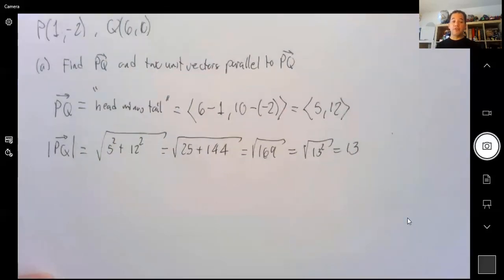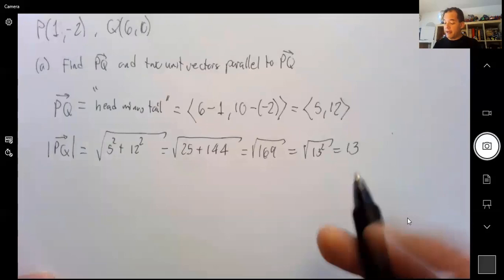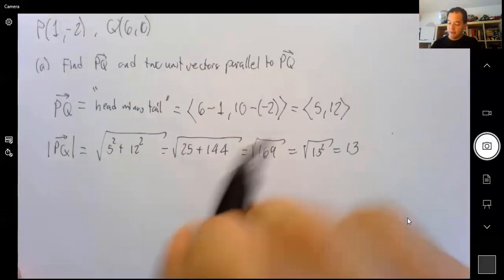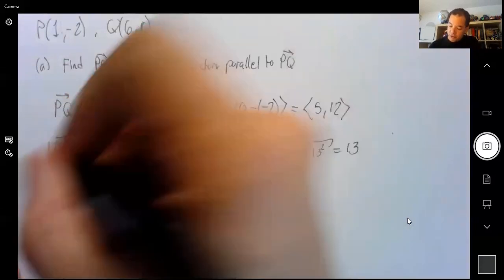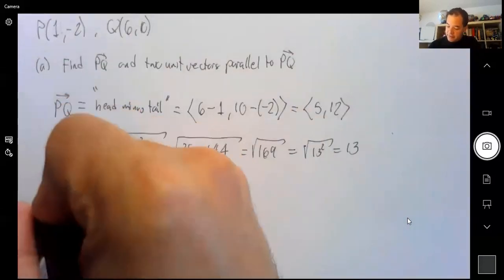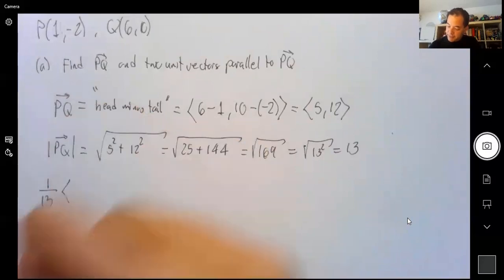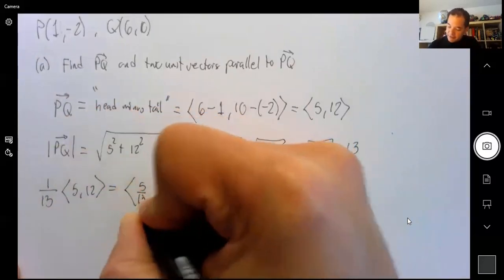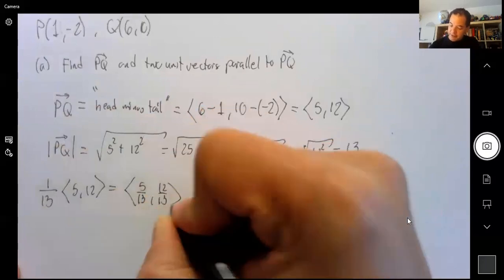So this vector is 13 units long. How do you make it unit? Well, multiply it by 1 over 13, and then it becomes unit. So one solution is 1 over 13 times (5, 12). That's (5/13, 12/13). That's one.